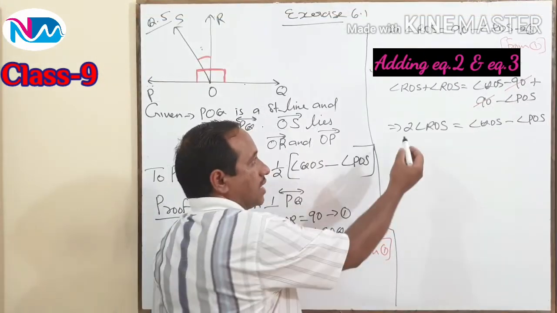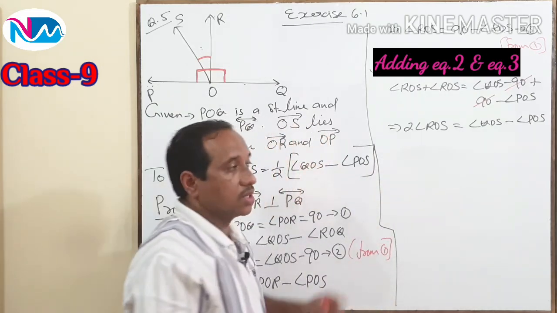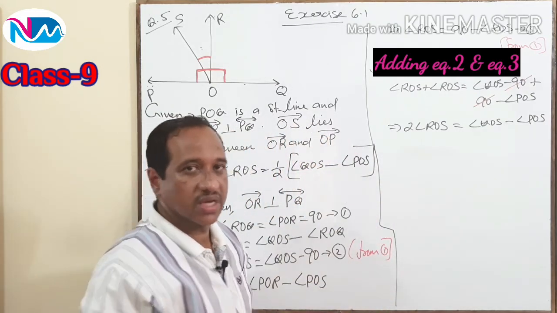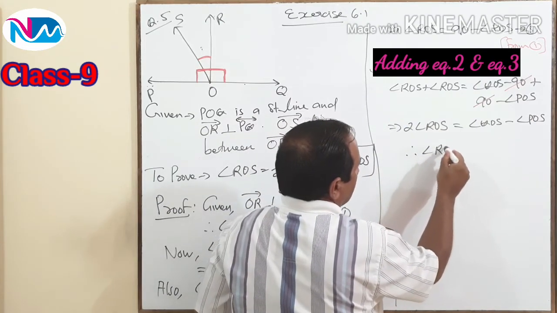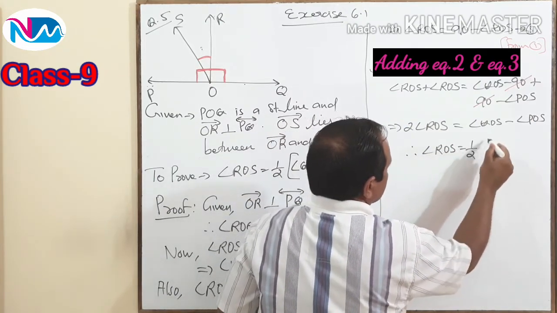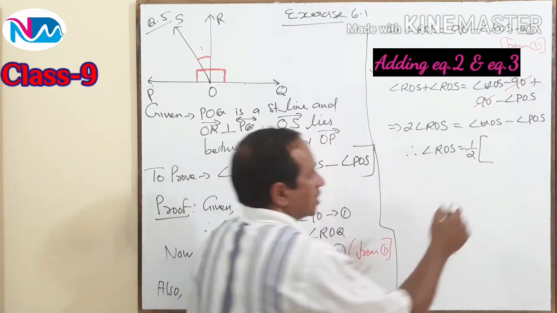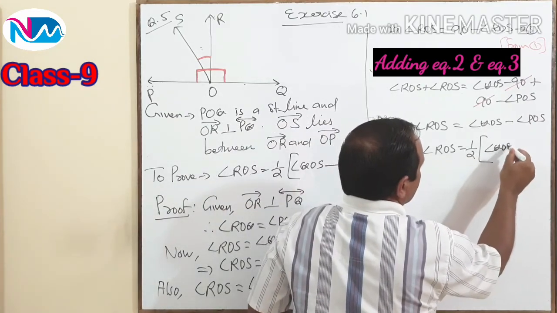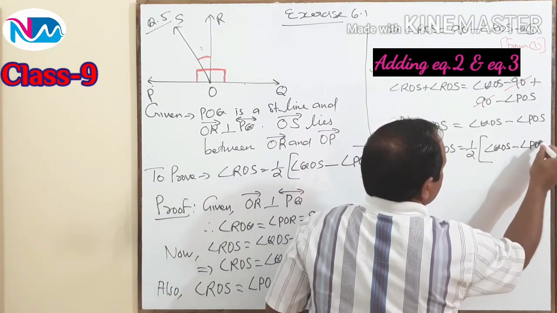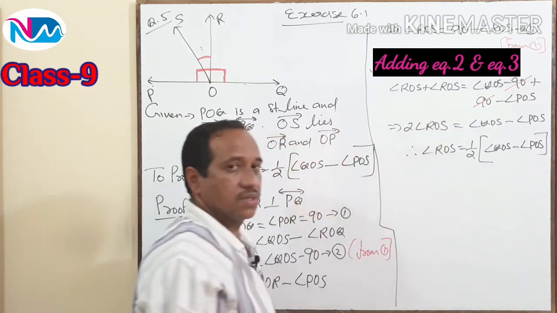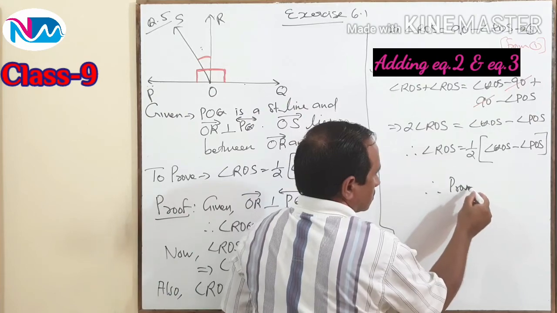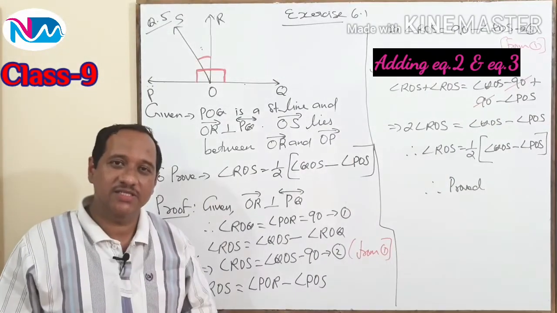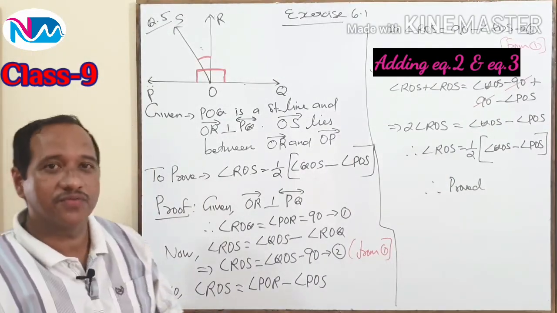If 2 times angle ROS is equal to angle QOS minus angle POS, we can say that angle ROS is equal to half of angle QOS minus angle POS. Hence, proved. This is the solution for question number 5.